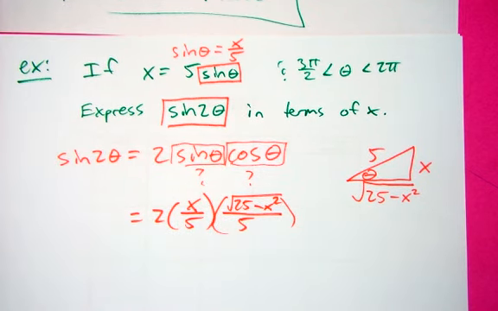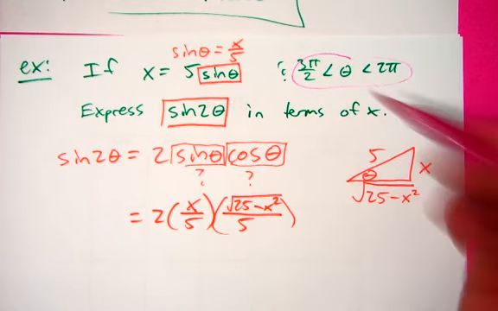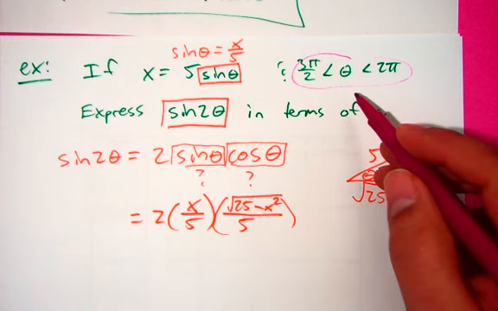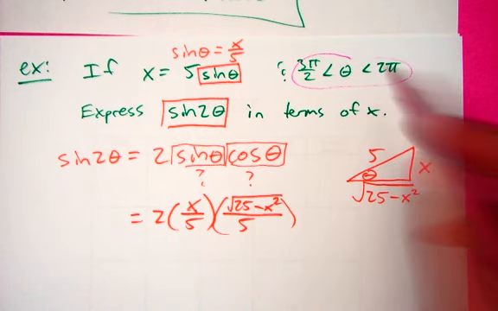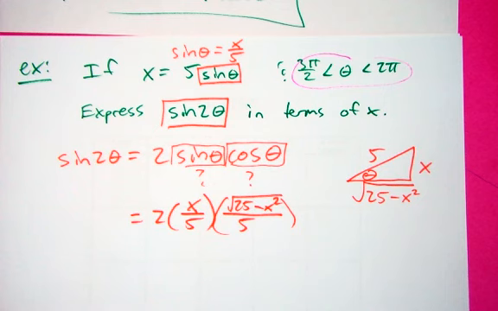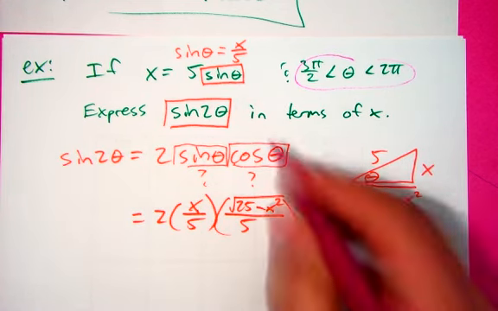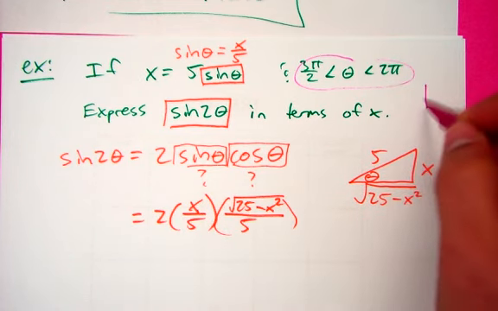And now I do want to point out something. So theta is from 3 pi over 2 to 2 pi.